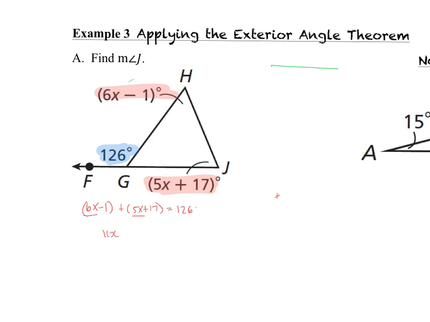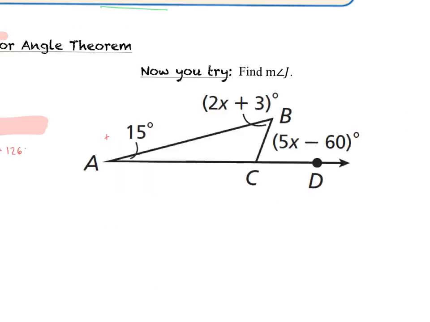Combine like terms, I get 11x plus 16 equals 126. Subtract 16 from both sides. 11x equals 110. And divide both sides by 11. We get x equals 10.